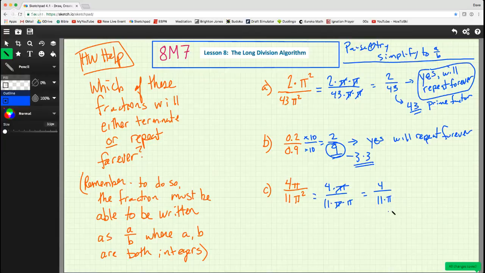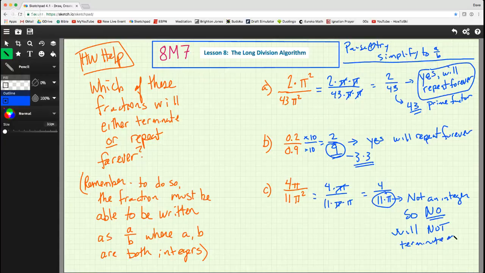Well, that's as simple as it gets, and this is not an integer. So no, it will not terminate or repeat forever.